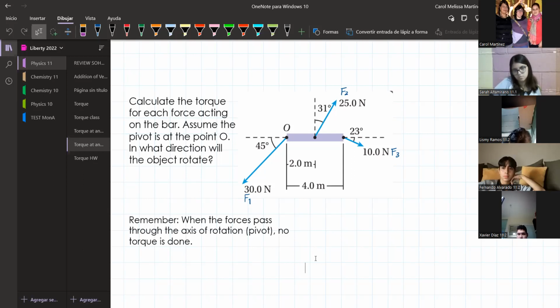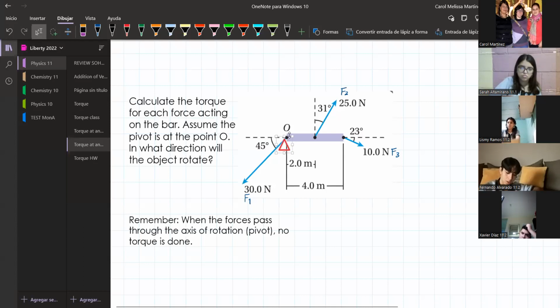So the first thing I'm going to do is place the pivot. There it is, my pivot, okay?